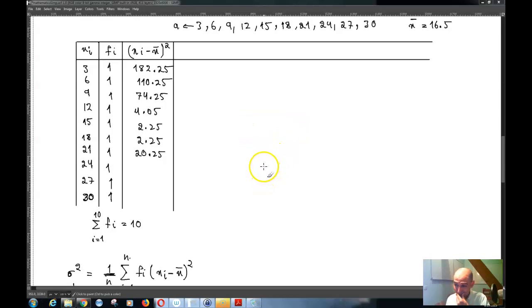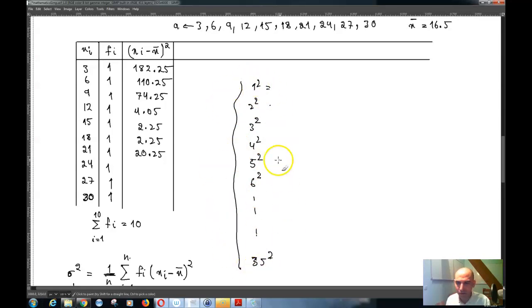But if you do need to make it faster, then you can go for 1 squared, 2 squared, 3 squared, 4 squared, 5 squared, 6 squared, and go all the way to, for example, 25, 30, 35 or so. 35, for example, squared. If you learn these numbers, then you can use them in calculation.